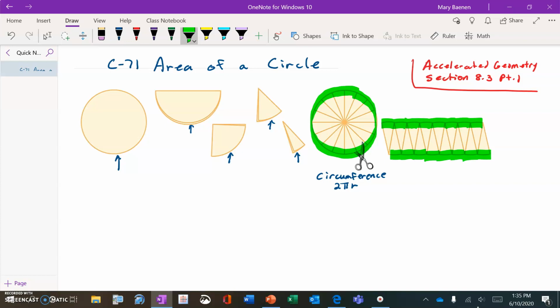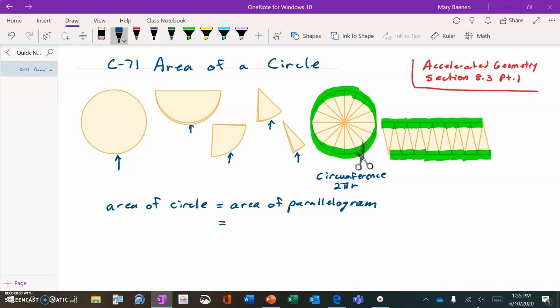So I kind of have changed my circle. So the area of that circle, I now think, is equal to the area of that kind of parallelogram that I have. So now I think about a parallelogram.